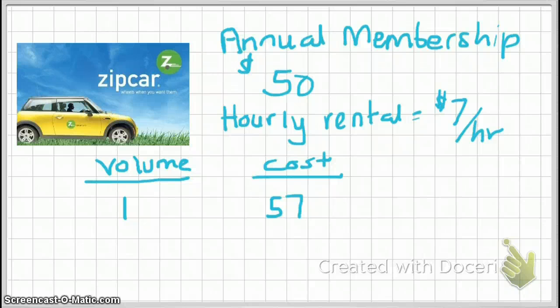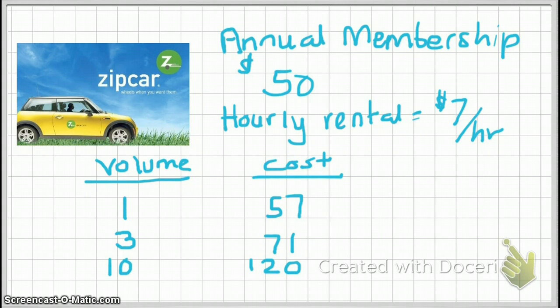Let's say that you rent a car for 3 hours. What's your cost going to be? It's going to be 3 times $7 an hour, which is your variable cost portion, plus $50 annual membership. So 3 times 7 is 21, plus 50, that's $71. So it's a combination, it's a mixed cost. It's a combination of fixed, which is 50, plus $7 an hour, which is a variable cost. Let's see, what if you rent your car for 10 hours?